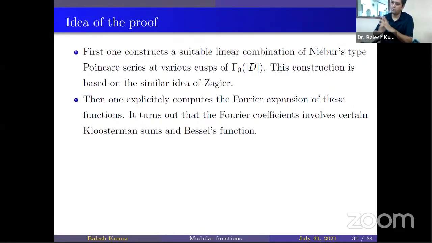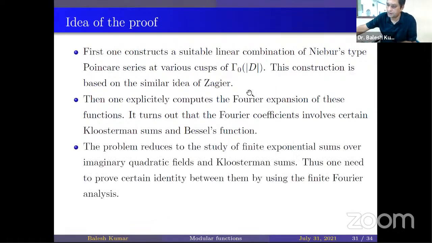And then one tries to construct another Niebur type Poincaré series corresponding to the three-dimensional hyperbolic space. And then one needs to explicitly compute the Fourier coefficients of both these Poincaré series, and then match the corresponding Poincaré series by looking at the individual Fourier coefficients.